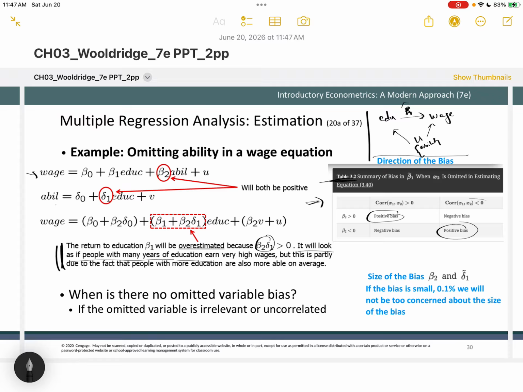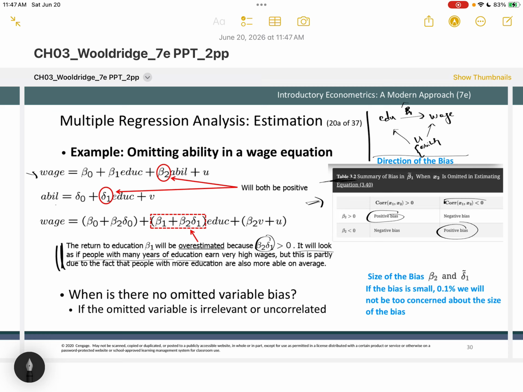The bias is also positive if the correlation between x1 and x2 is negative and beta 2 is negative. Otherwise, we have a negative bias if the correlation is positive but beta 2 is negative, or the correlation is negative but beta 2 is positive. Then we'll have a negative bias.